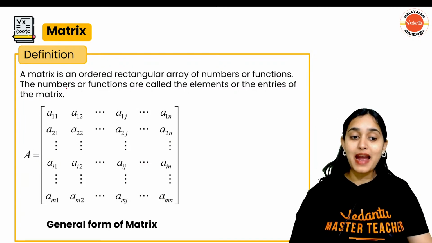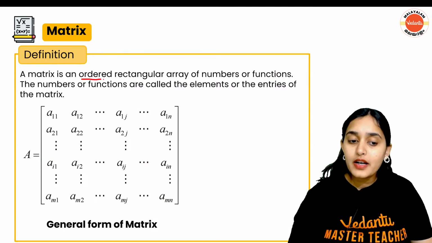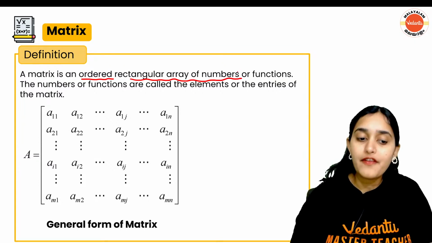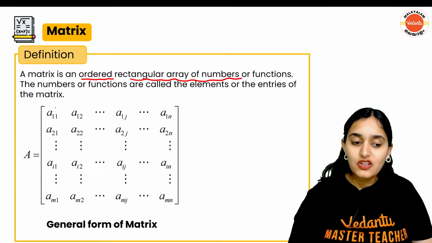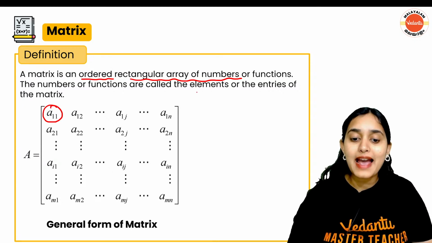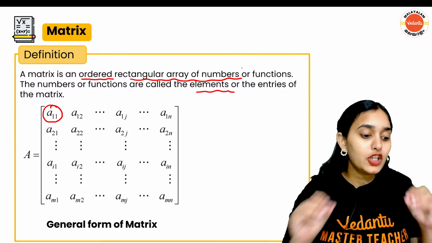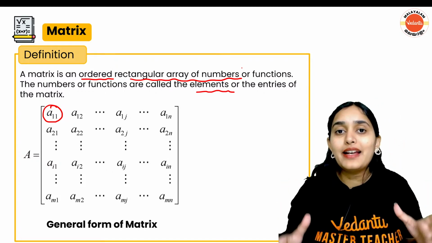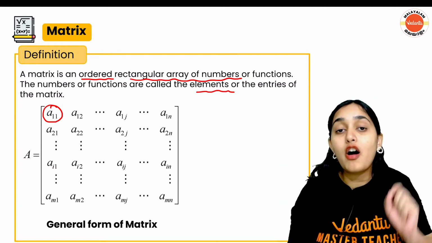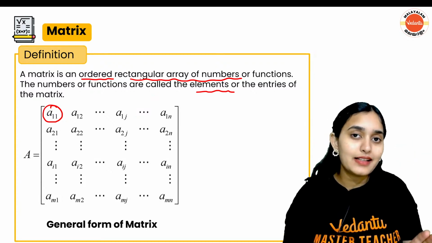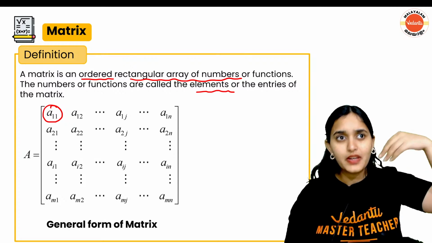Alright, so what is a matrix? It is an ordered rectangular array of numbers or functions where each number or function is called an element or entry of the matrix. So your computer basically stores the objects or the values at a certain address, and that address is denoted with the help of what?